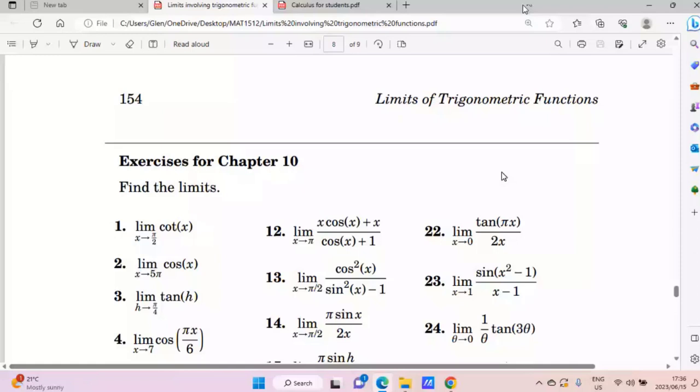I changed 7 over 6 into 1 whole and a sixth. Then for the cos I draw one full revolution, then 180 plus a sixth, which is 210. That's how I got my answer, negative √3 over 2. I wanted to know, is that correct or wrong?